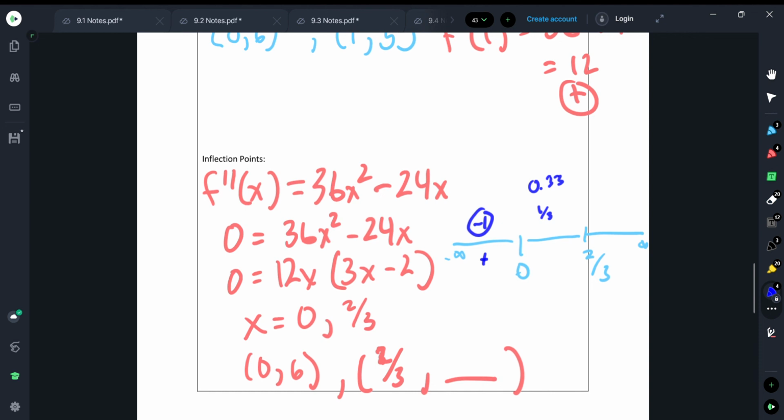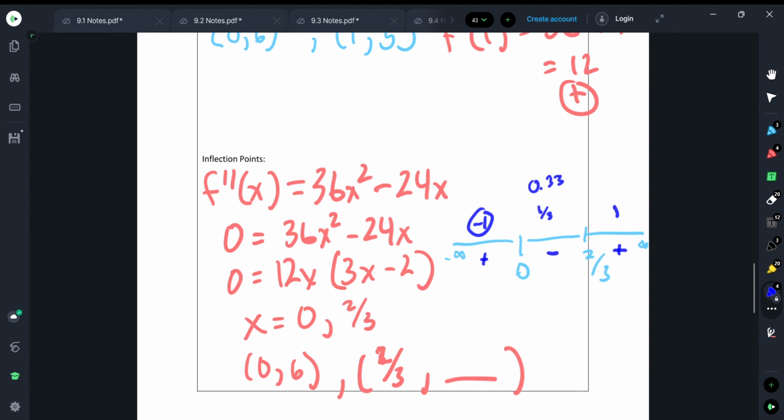Wait, let's check the math. Sorry, let's go ahead and do the math anyway. So point, minus 24. So that's negative. All right. So here we go. This is concave down. We'll just use something like 1 there. So that's going to be positive. Cool. So we should be able to see that.